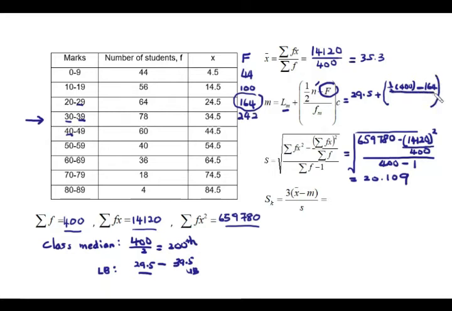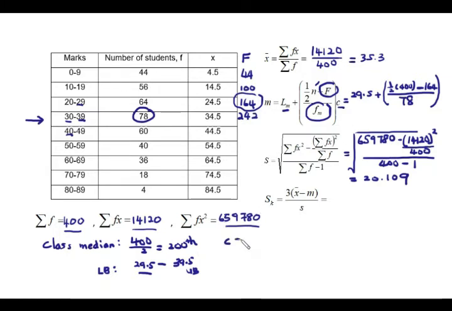Divide by the class median frequency. The class median frequency in this case is 78. And then C is the class width.